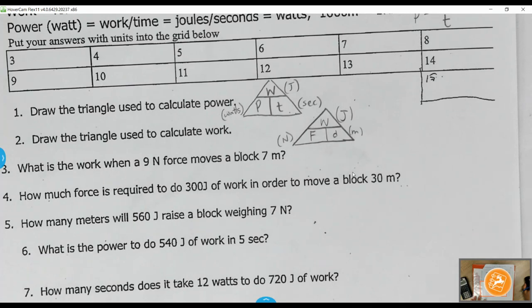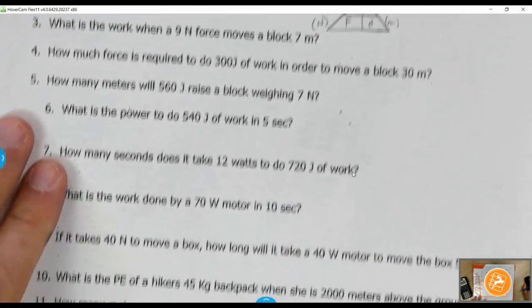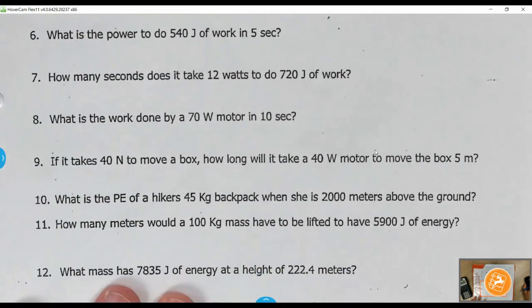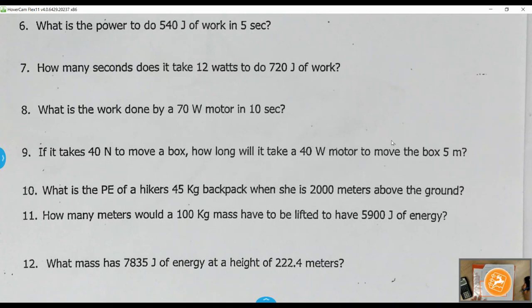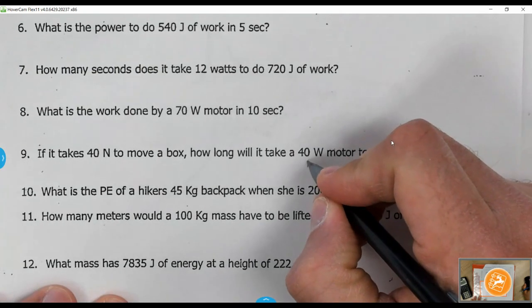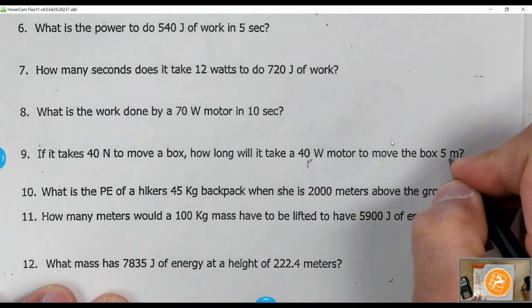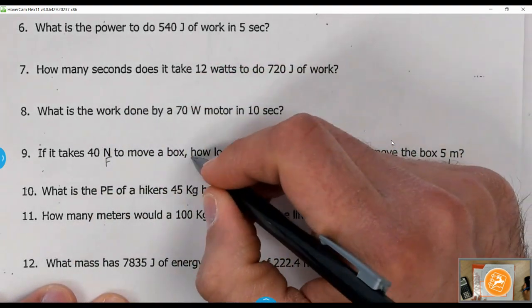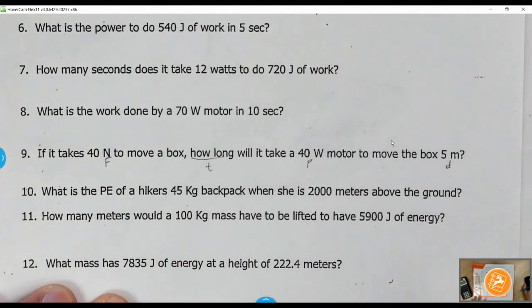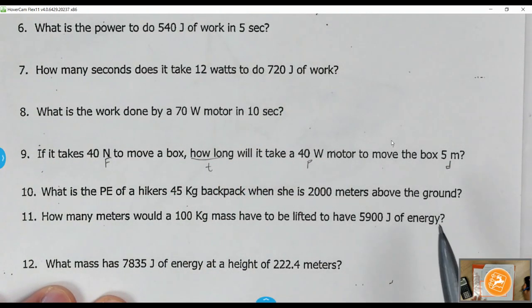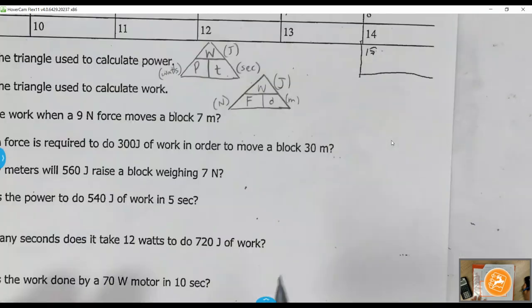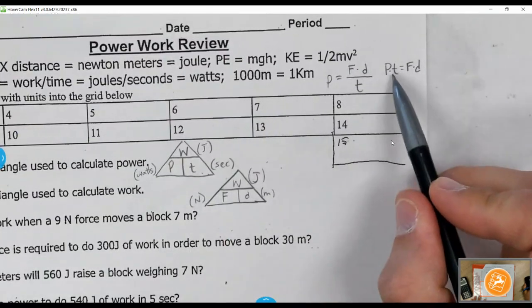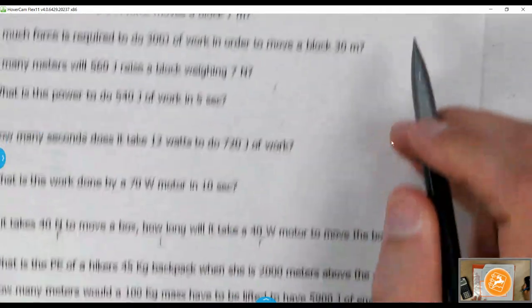But for number 9, if it takes 40 meters to move a box, how long will it take a 40-watt motor, which is P, to move this thing 5 meters, and this is your force. They want T. So in this equation that we wrote down here, power times time is force times distance.